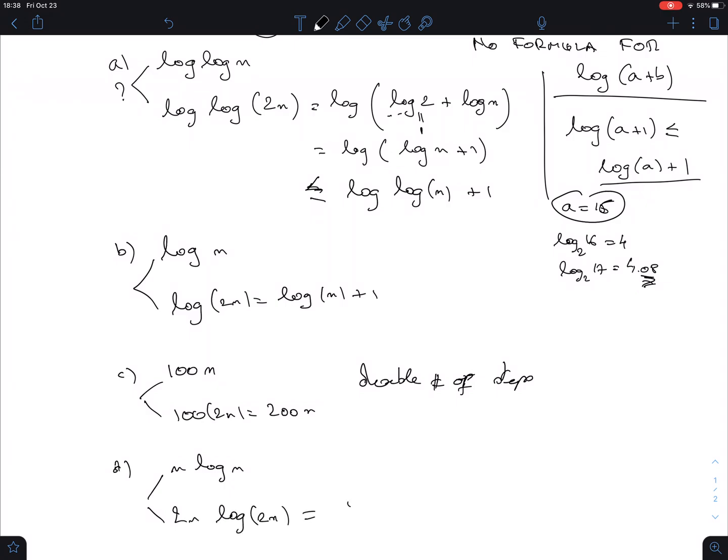So let's see what this is. This is 2n. Now the log is the same as what we did up there. That is the log n plus the log of 2, which is 1. I'm just doing this in one step. So if I work this out, it's 2n log n plus 2n. What is the difference? First of all, we have to double.